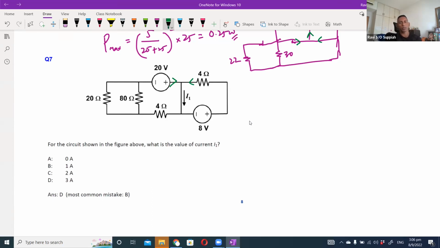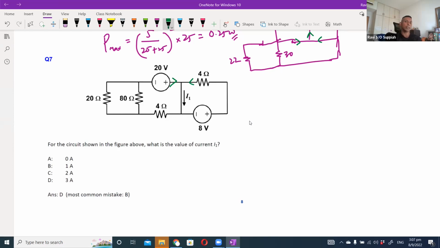So what we need to do is figure out these two currents and then see the combined effect. As I said, similar to the earlier circuit, this common branch has no resistor. That means there is no voltage drop occurring here.